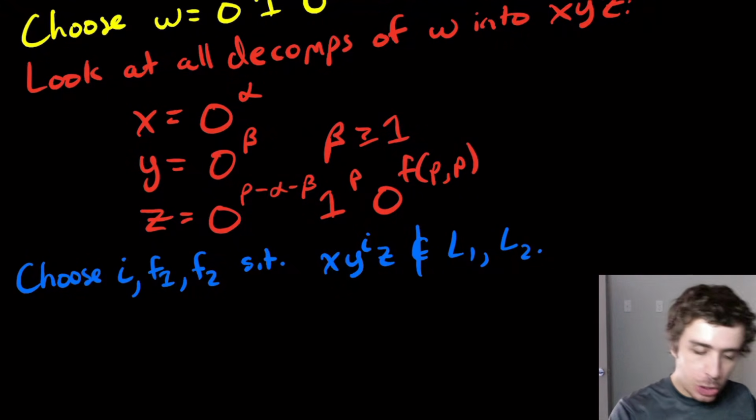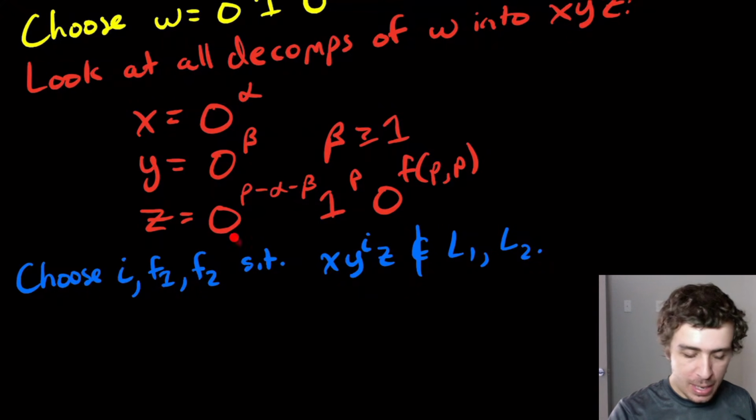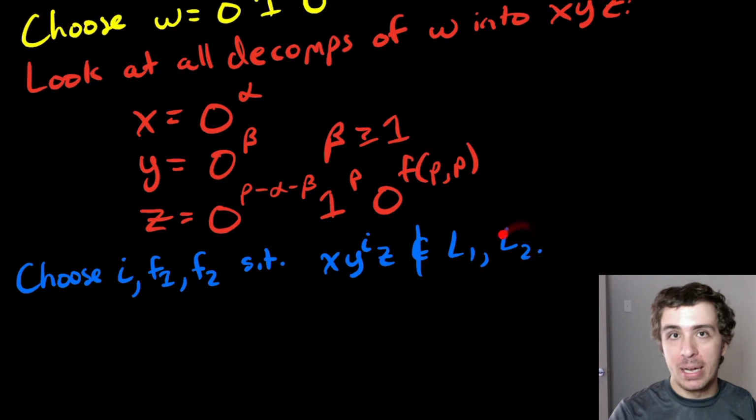So the functions are going to be different. Note that f1 corresponds to checking whether or not it's in L1, and f2 is whether or not it's in L2.